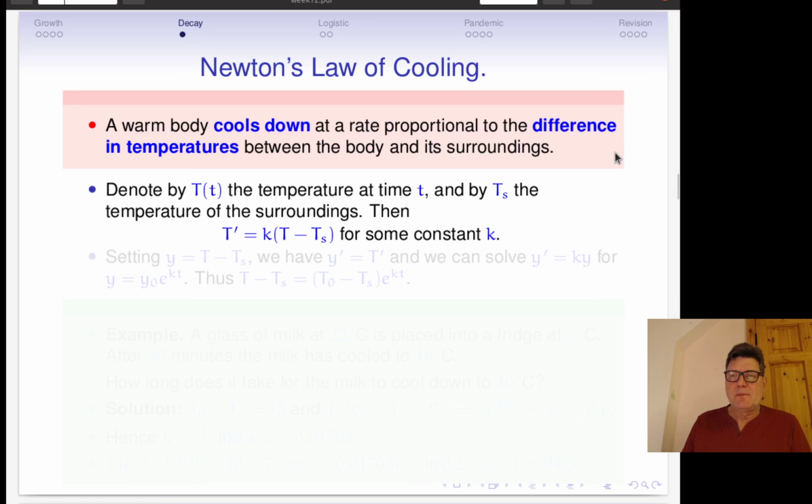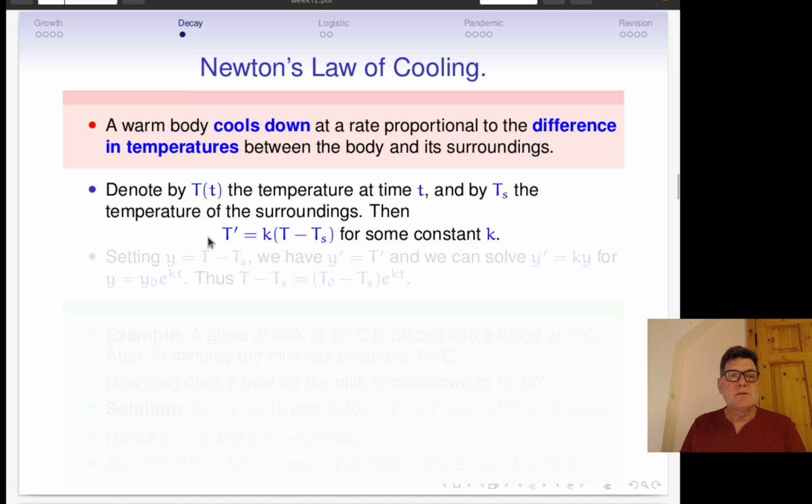So here, if we denote by capital T the temperature and make it a function of time, little t, let's also denote by T subscript S the temperature of the surroundings, then Newton's law can be expressed in calculus terms as T prime equals k times (T minus S) for some constant k.